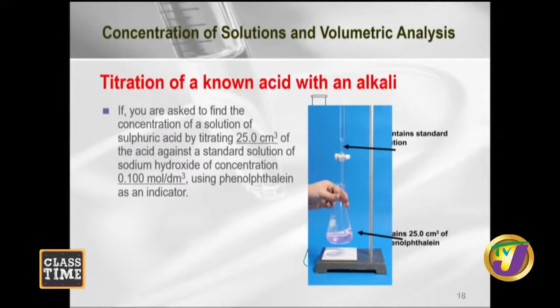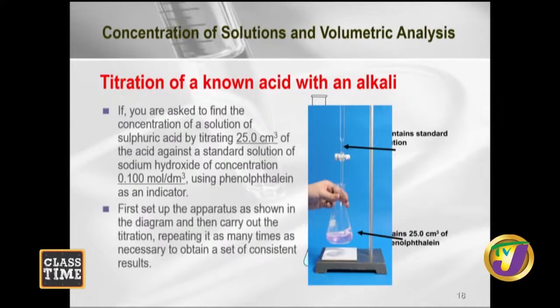The 25 cm³ of sulfuric acid, that is your unknown. After doing your titration, you will find the volume used, and the volume used can help you to determine the number of moles of sulfuric acid as well as the grams of sulfuric acid that was dissolved in the unknown. All right? So of course, you will set up the apparatus as shown, with our clamp stand.